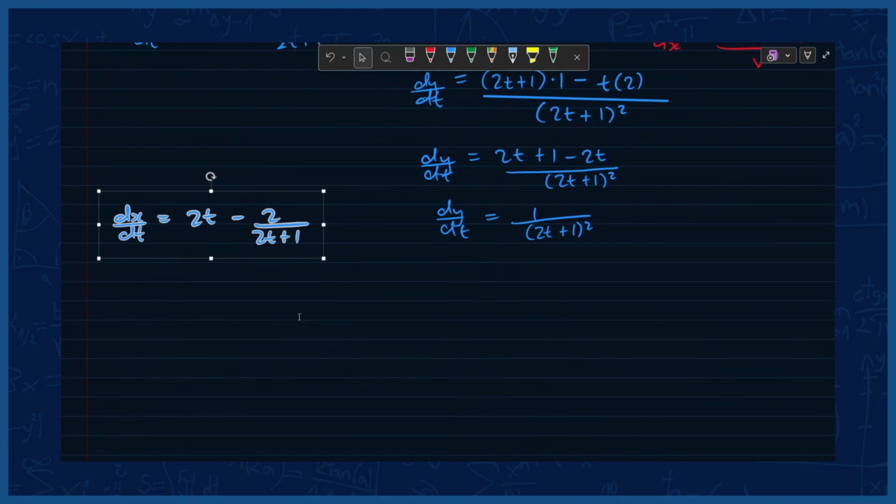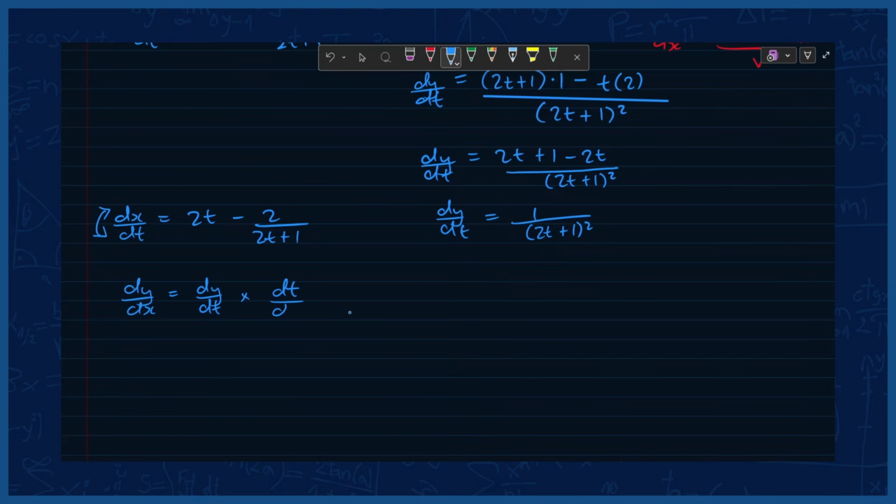But remember, what we want is dy dx. So let's create a chain rule for dy dx in terms of dy dt and dx dt. The dy will come from dy dt, and the dx comes from dx dt, but we want the dx on the bottom, so I have to flip this fraction so that it becomes dt dx.